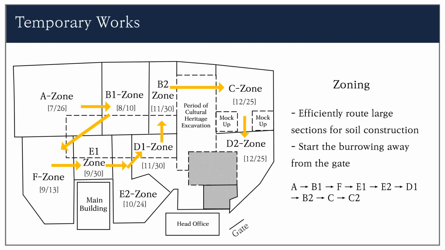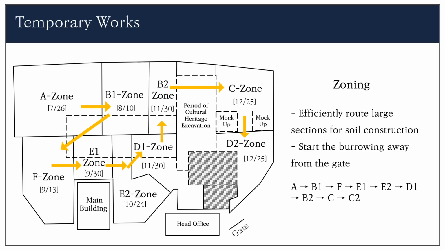After they completed the temporary works, they could actually do the earthwork. The site's large area, which is well over 12,000 square meters, cannot be constructed at once. The area was divided into several zones to plan the most efficient and natural route.